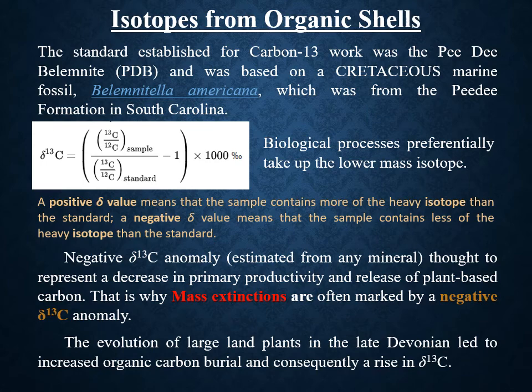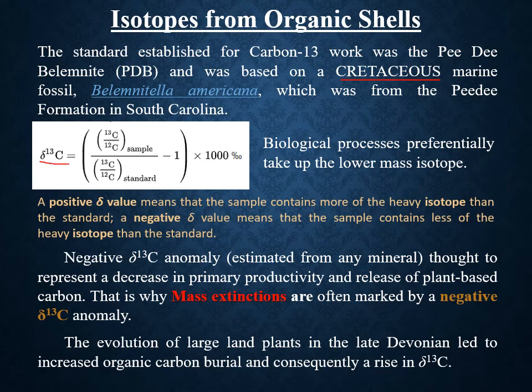So that belemnite's carbon isotope value is taken as a standard value, and with respect to that, the variation through time is estimated from the records. Now, the variation of carbon isotopes, that is the heavier isotope, 13C, and the lighter isotope, 12C, is estimated with this formula, that is del 13C.